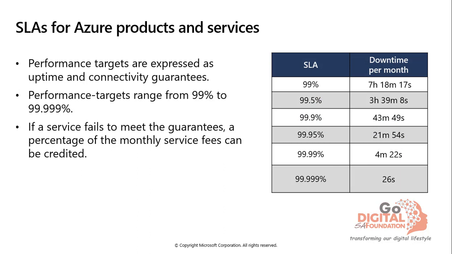So the SLAs for Azure products and services are as follows. Performance targets are expressed as uptime and connectivity guarantees. Performance targets range from 99% to 99.999%.